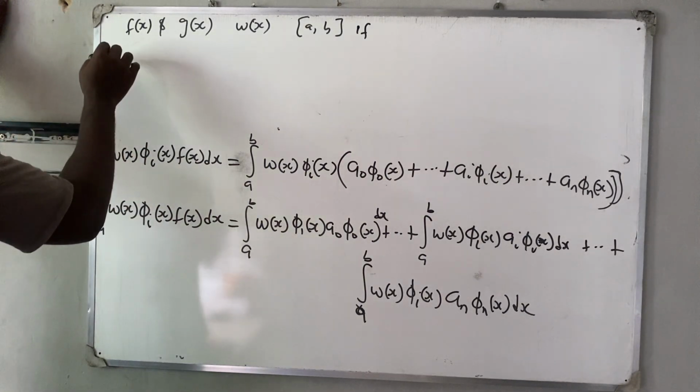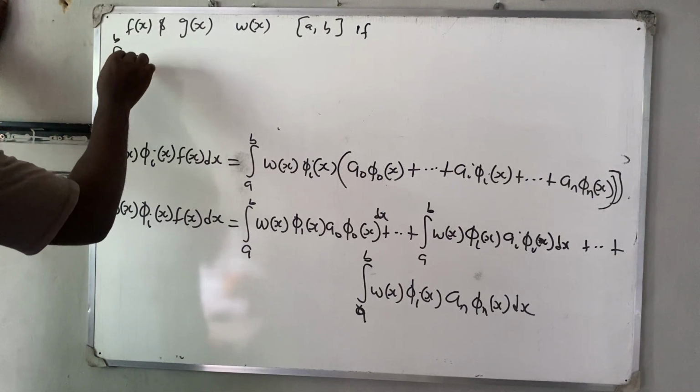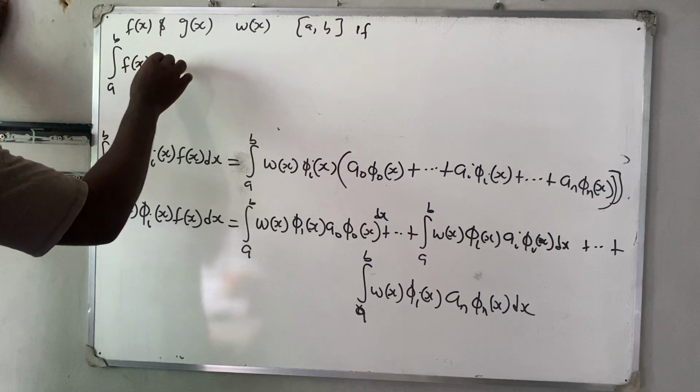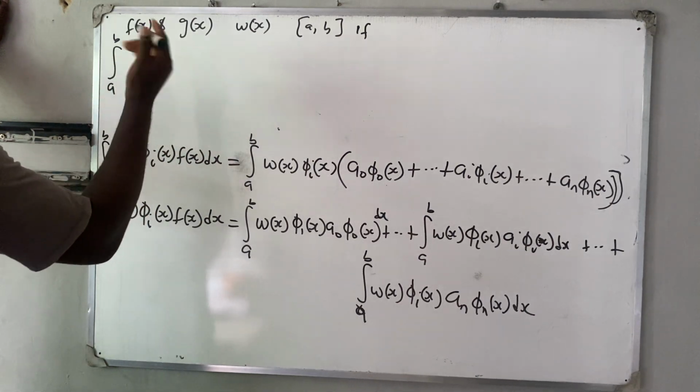The two conditions say that the integral from a to b of f of x, g of x with their weight function, or some people can just write their weight function first. The arrangement does not matter.